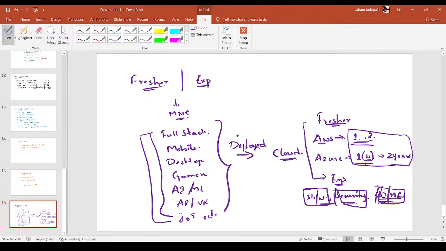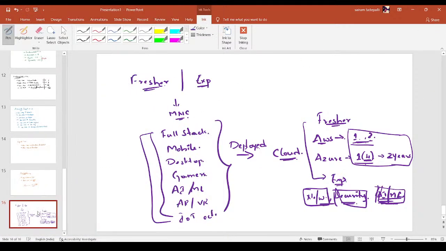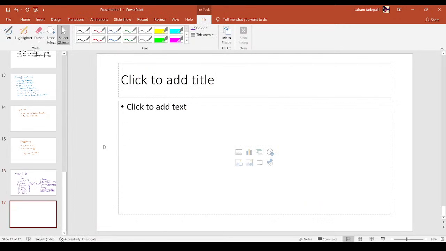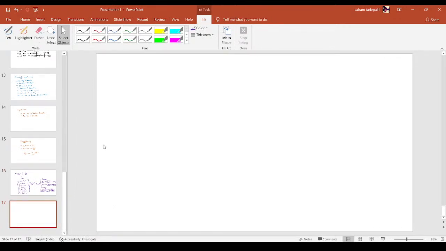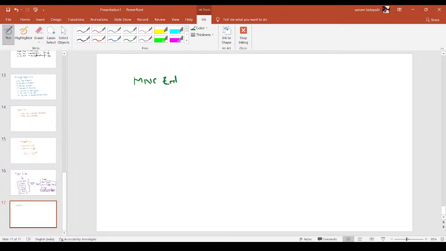So coming to the procedure of getting into the corporates with these certification programs. So how to get into the corporate? MNC entry. So if you are in reputed universities, so no need to worry about anything.